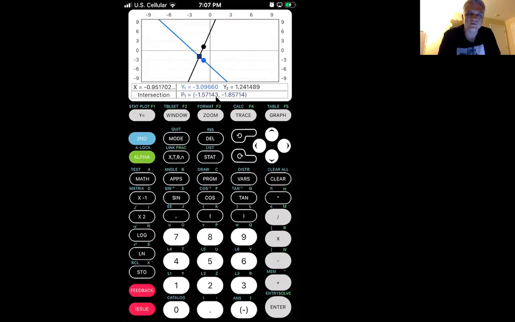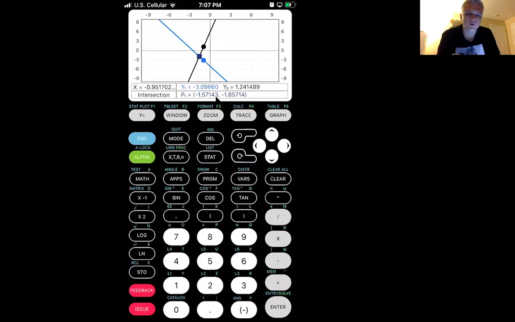Negative 1.57143, comma, negative 1.85714. Right? Hopefully you see why this would be a question that the calculator would be better equipped for, just because it doesn't come out to a nice whole number. It doesn't come out to like a 0.25 or a 0.5. These are a little bit funkier decimals, right?